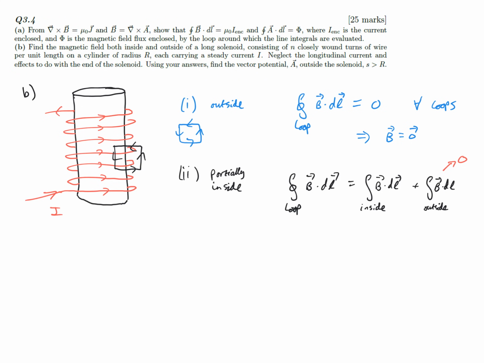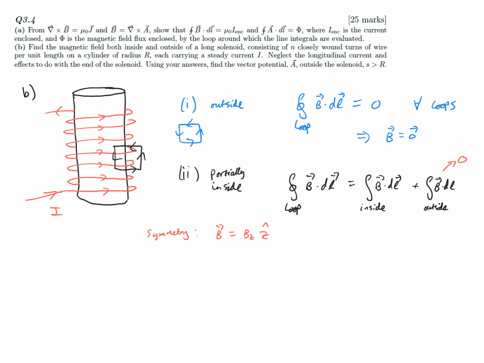So the symmetry arguments tell us that the magnetic field is, let's say, equal to Bz in the z direction.